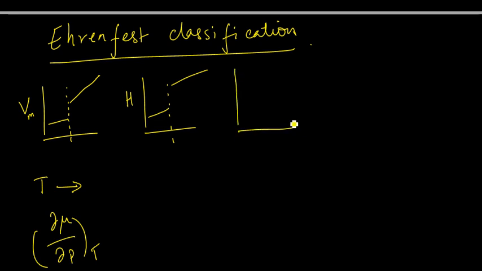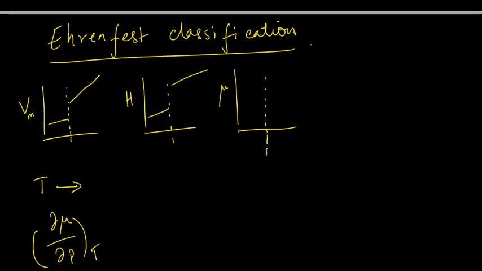What about the chemical potential itself? All with respect to temperature. This is one thing which will be continuous because at the phase transition it's in equilibrium, right?